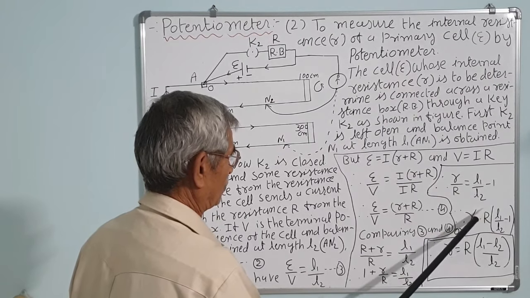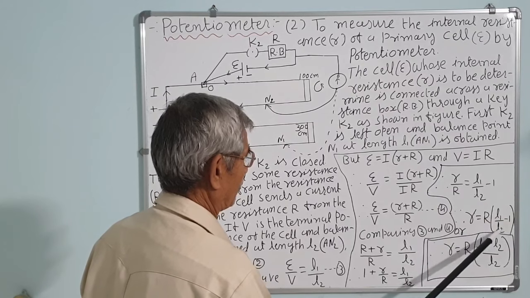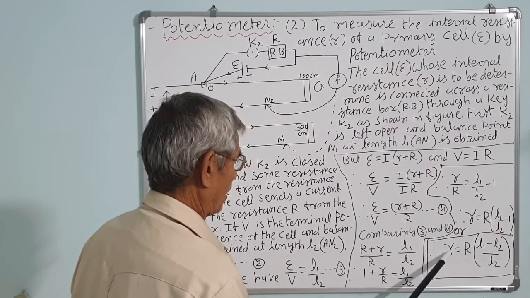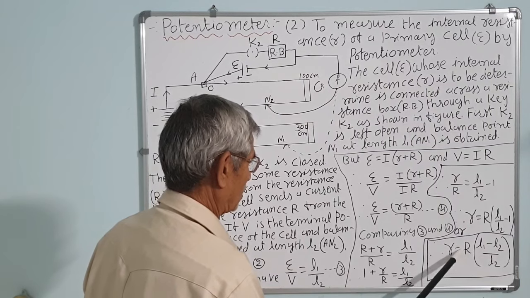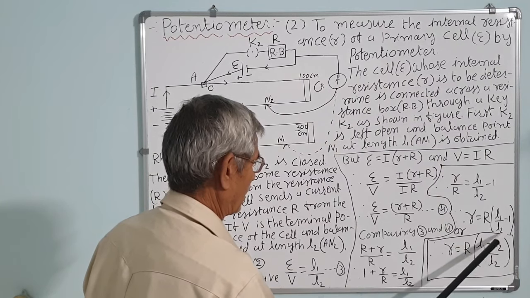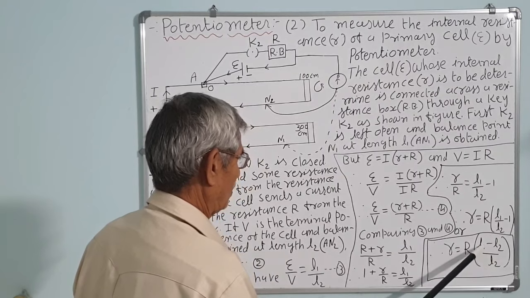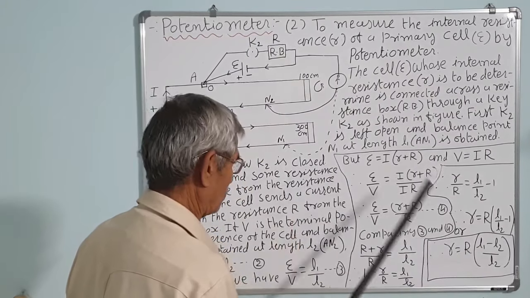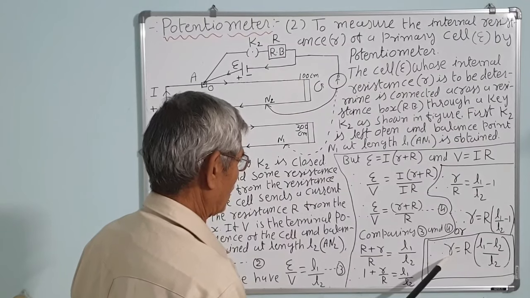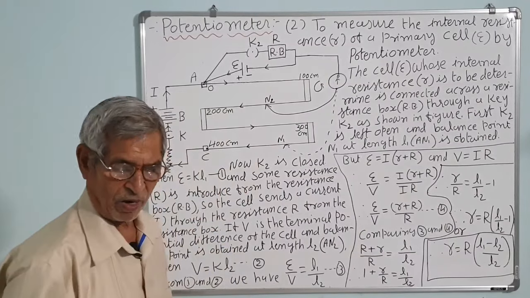Therefore r is equal to R into bracket L1 upon L2 minus 1, or the internal resistance r is equal to the resistance from the resistance box R into bracket (L1 minus L2) upon L2. These are all measurable, and R is also known from the resistance box, so r, the internal resistance of a cell, can be computed.